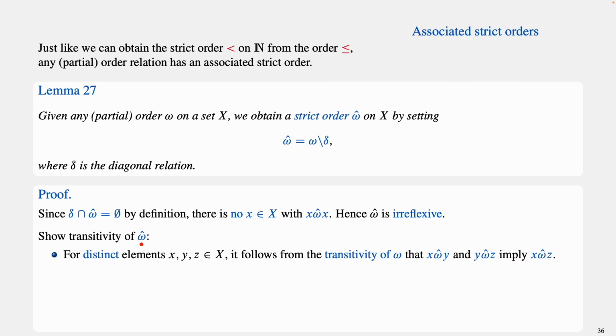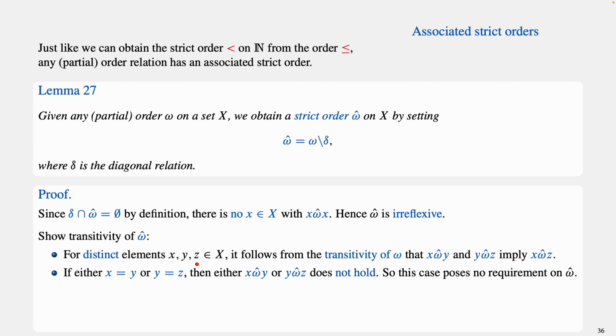Now for the transitivity of omega hat, if we have three distinct elements x, y, z, then it simply follows from the transitivity of the original relation omega that x omega hat y and y omega hat z imply x omega hat z. Because if they're all distinct, we could just drop the hat here and then it would be true for the original relation omega, and thus it's true for three distinct elements.